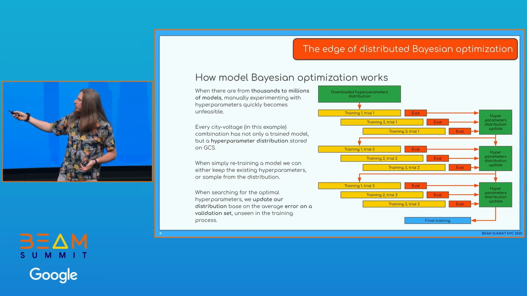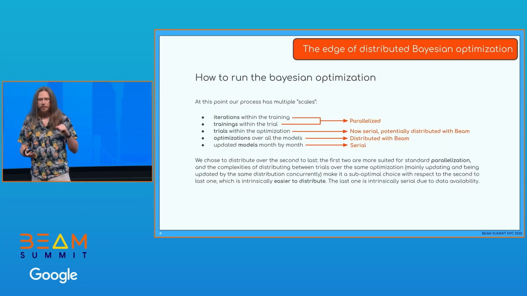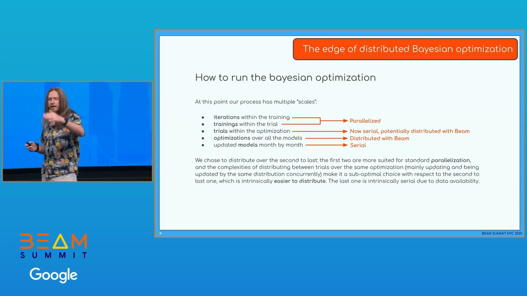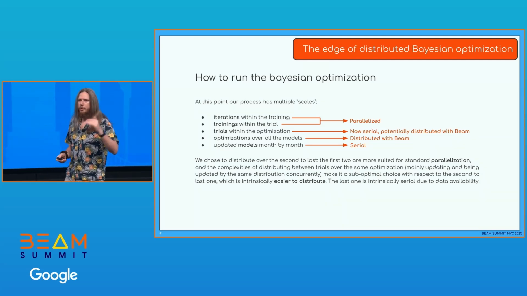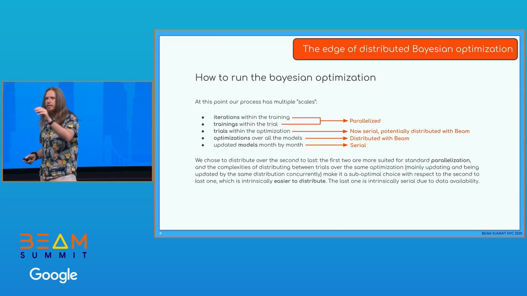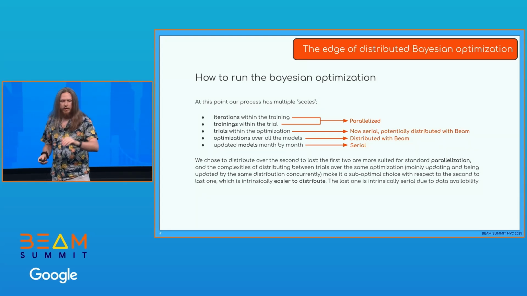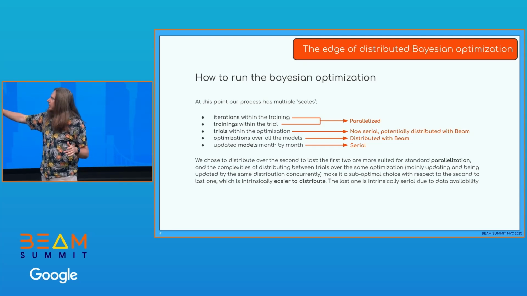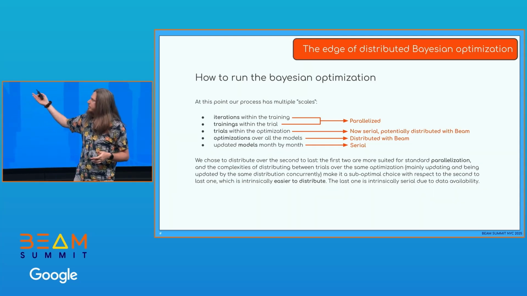So how is Beam used? We have the iterations within the training and the trainings within the trial. They are parallelized in the same worker. We have the trials within the optimization that now are serial. They could potentially be distributed with Beam.